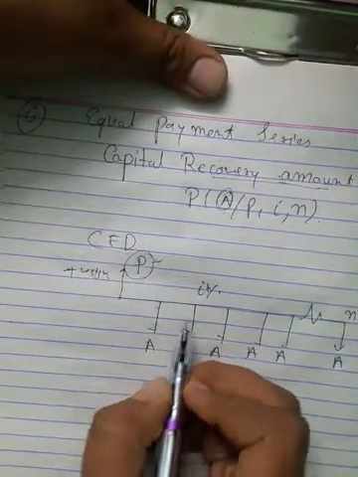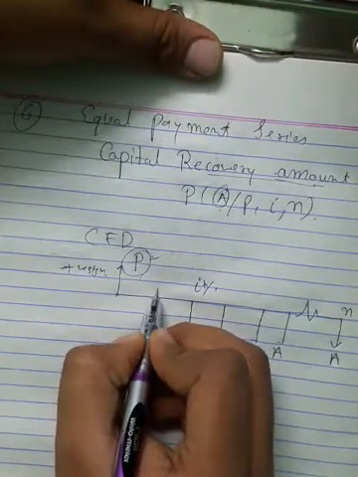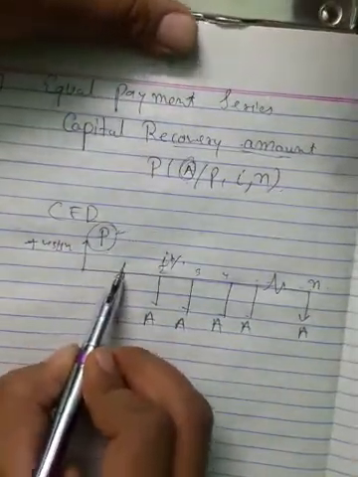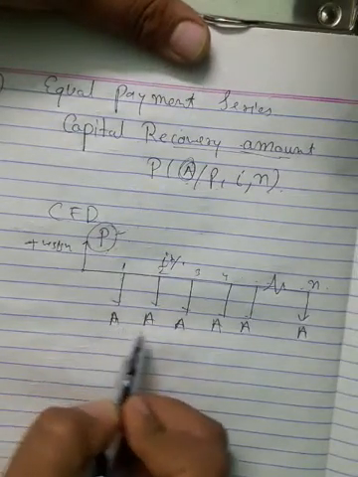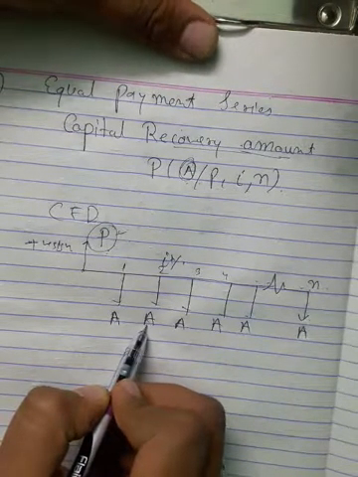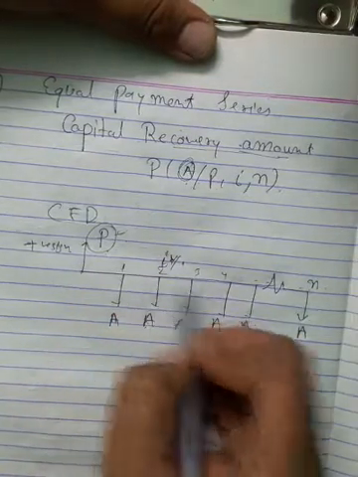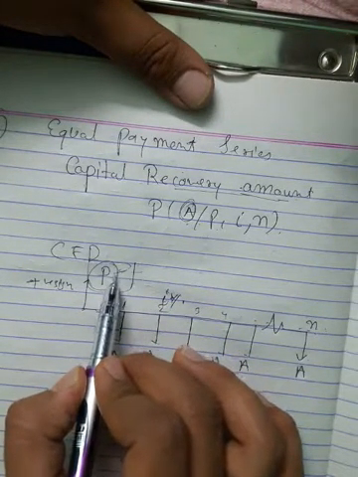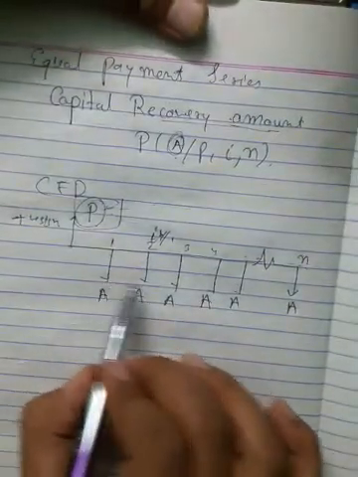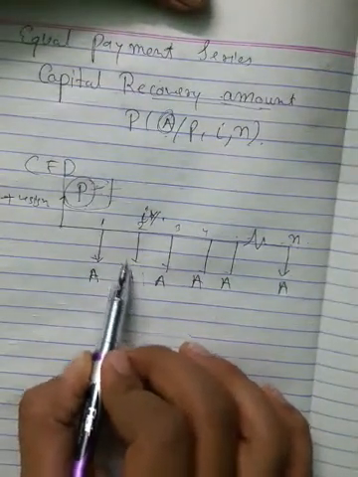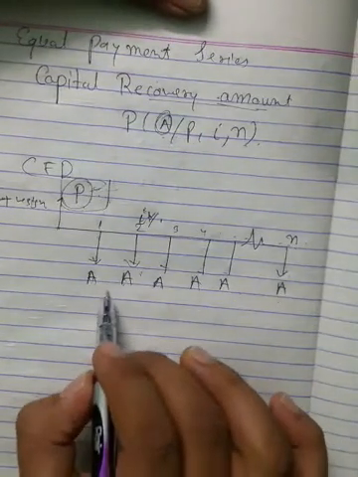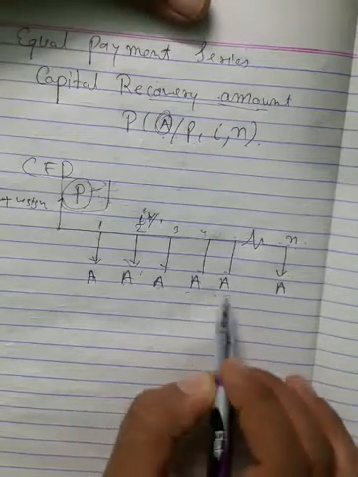From the next year, 1, 2, 3, 4 up to n years, how much he has to return to the bank, with an interest rate of I for n years. Basically, here we know the present amount in the form of a loan, and from the next year onwards, what equal amount I have to return to the bank is what we need to find.